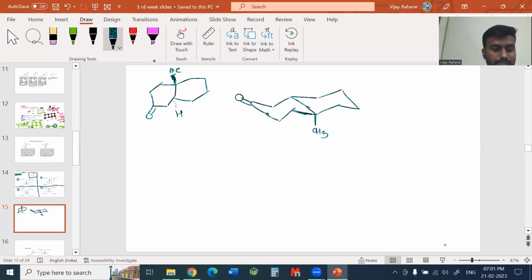So we have kept numbering, and we'll give numbering from this carbon: 1, 2, 3, 4, 5, 6, 7, 8, 9, and this one is carbon 10, right?